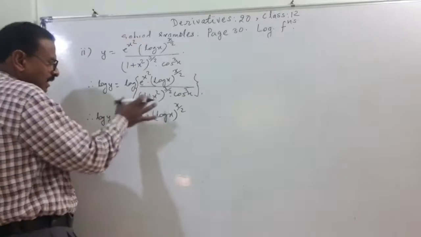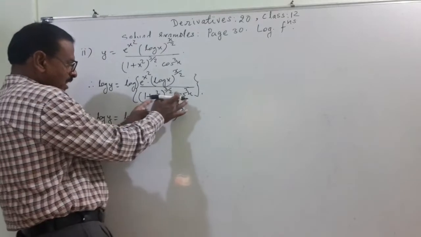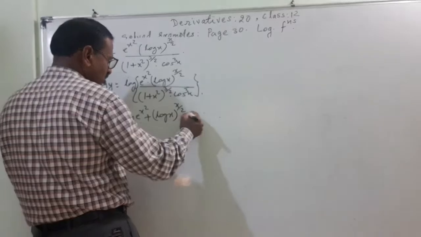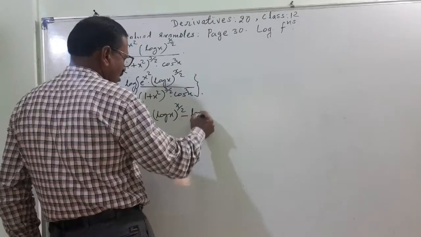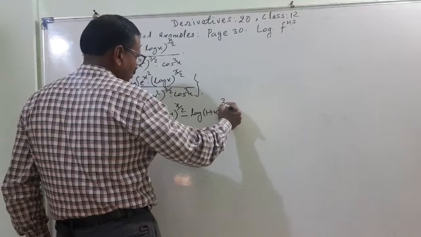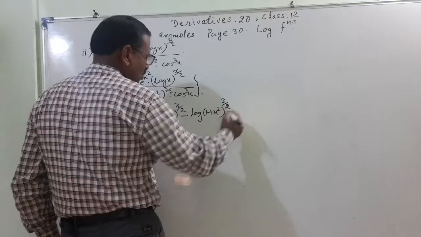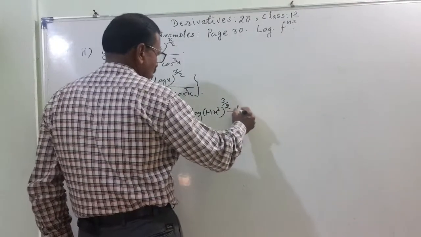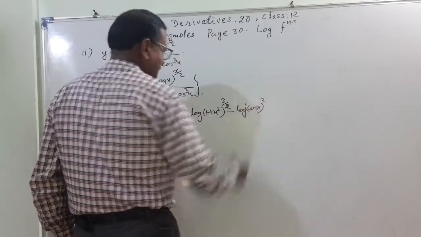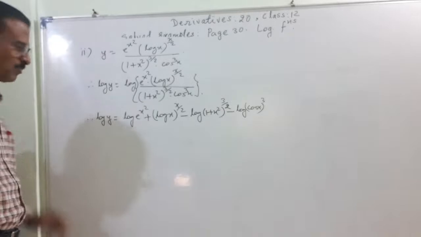These two plus. Now these two will be, here they will be plus and outside they will be minus. So that means individually it will be minus log of 1 plus x square raised to 3 by 2, and this will also be minus log of cos x, its cube. This way I have written.